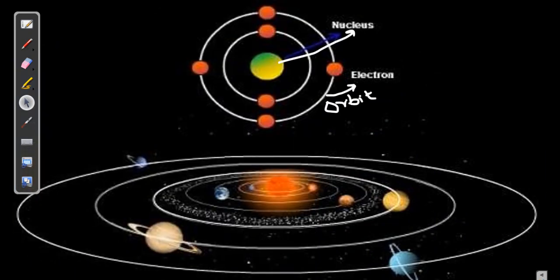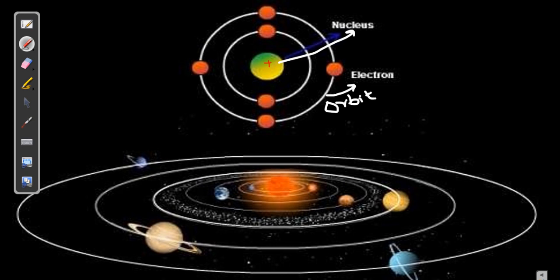According to Rutherford, the nucleus carries a positive charge, and electrons are negatively charged particles which move just like planets around the sun.